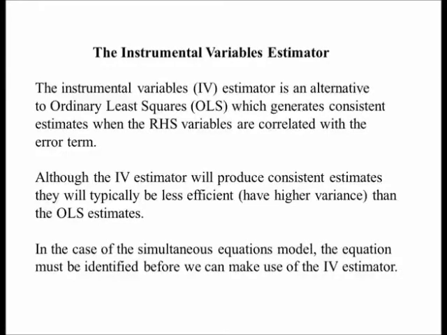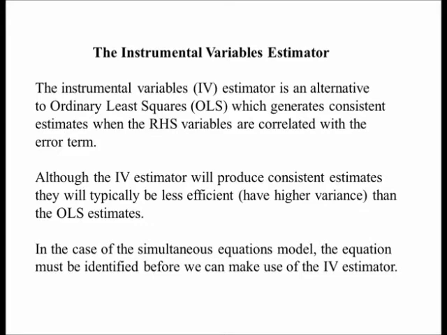So if you think about it, there are two desirable properties of estimators. One is that they should give us the correct value. They should be unbiased or consistent. The second is that they should be efficient. They should have the lowest possible variance. Well, the problem we're going to get into with the instrumental variable estimator is that while it will act to solve one problem, the problem of getting consistent estimates, it will make the other problem worse.